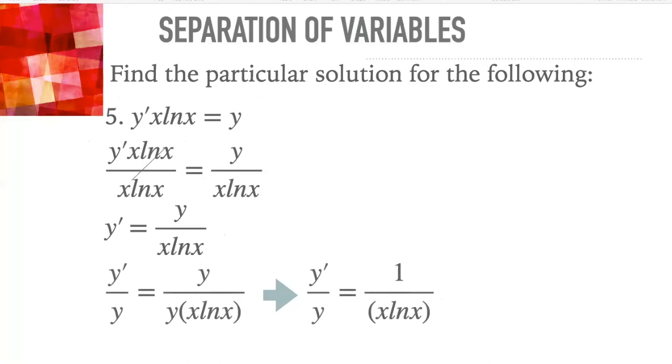Now we need the y on the left hand side, so we divide both sides by y. The two y's cancel, so what we're left with is y prime over y equals 1 over x ln x.